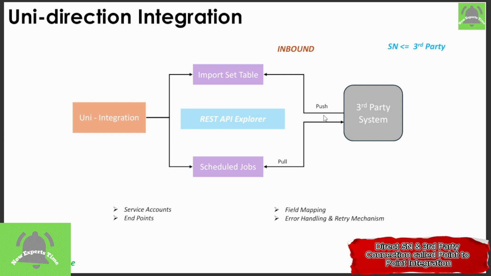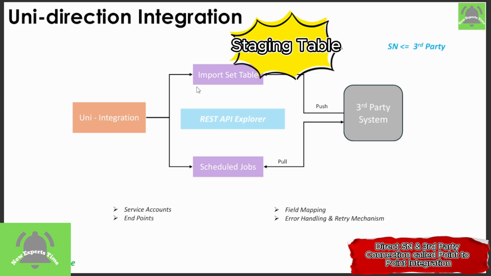So in this case, when it is doing a point-to-point or direct integration, on the ServiceNow side, what is the best practice? When we talk about best practice, there is no direct integration with your target table. That means the third party system will not directly talk to your incident table.